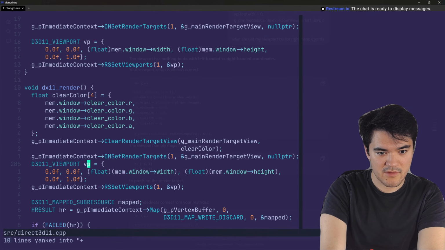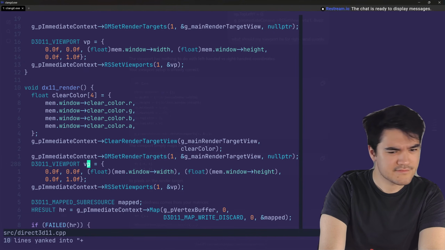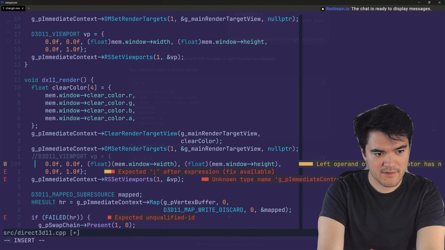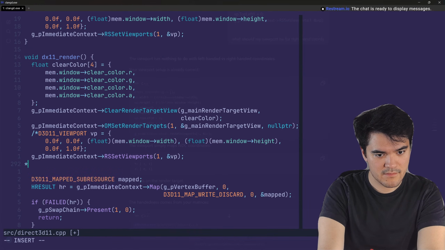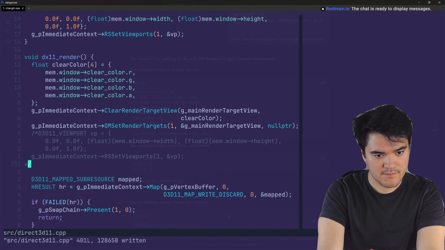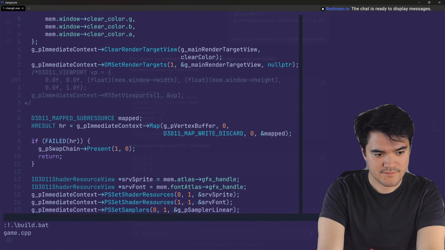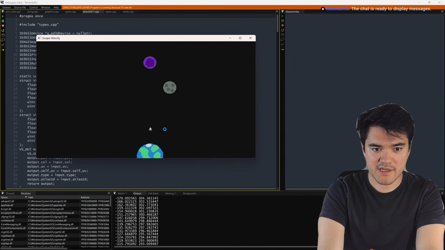Okay. Why are we resetting this? I don't think we need to. Let's try getting rid of that. That seems unnecessary. Unless it needs to be in the immediate context.